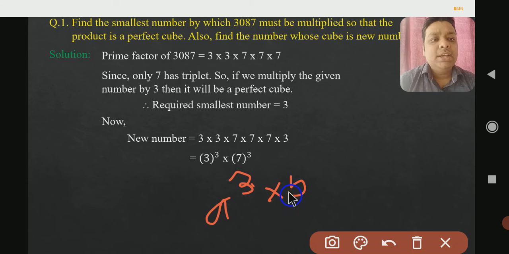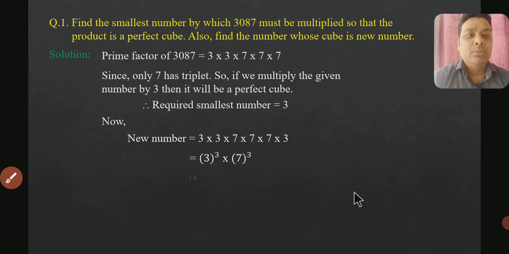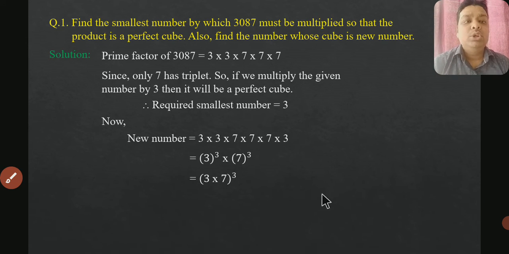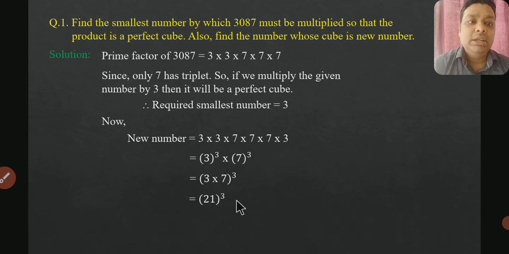If the power is the same but the base is not the same, in that case we keep the bases in a bracket and write the whole power the same. So 3 into 7 to the cube, that is 21 to the power 3. It means the new number will be the cube of 21.